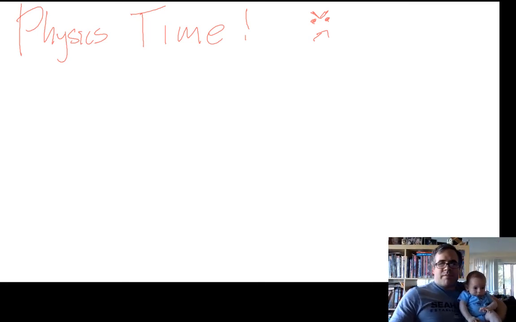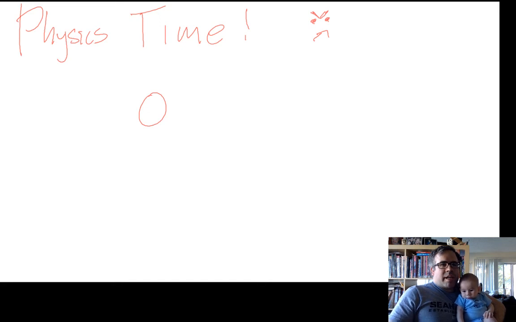So if we're talking conservation of energy, generally we're talking about something in physical motion, right? We've got a physical object that's in space somewhere.